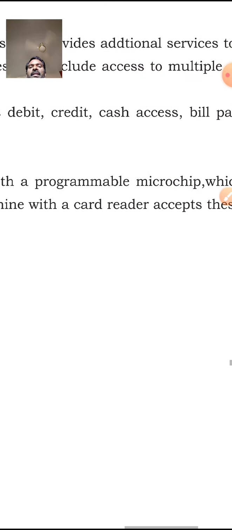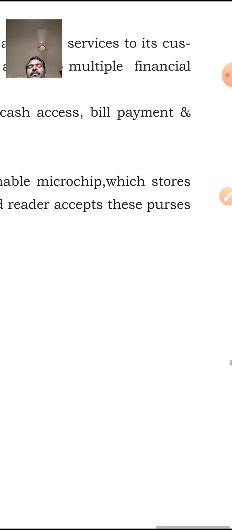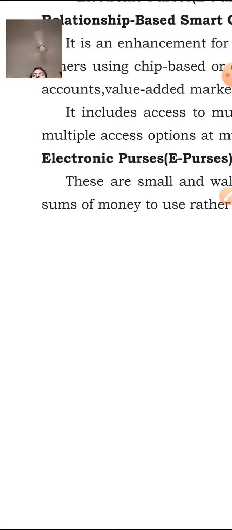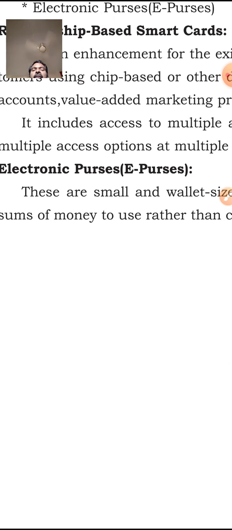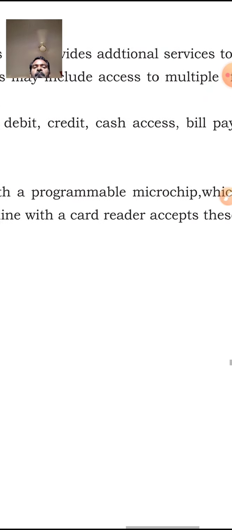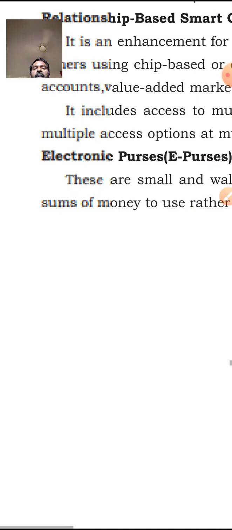Vending machines with a card reader accept these purchases. If you insert that card into the vending machine, it simply accepts the card and gives the money to the particular business organization or particular shop.